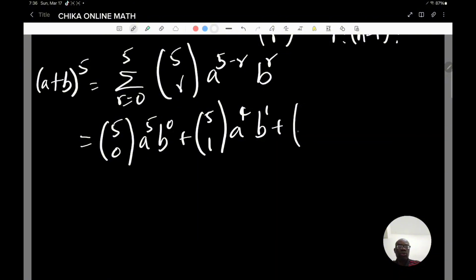Then for r equal to 2, we have 5 combination 2, then a to power 5 minus 2, which is a to power 3, and b to power r, which is 2.